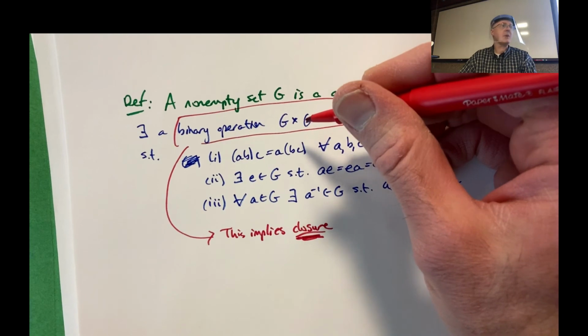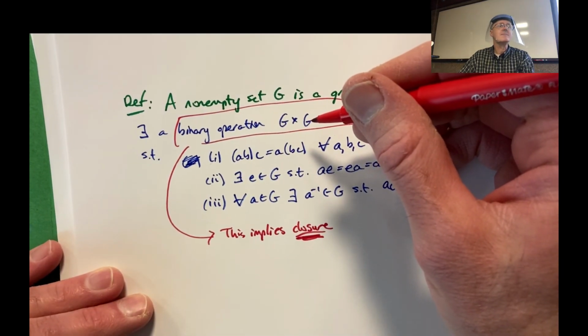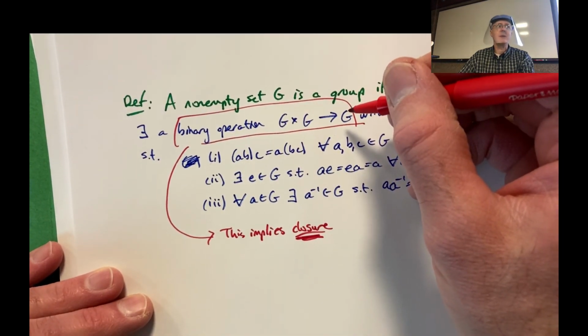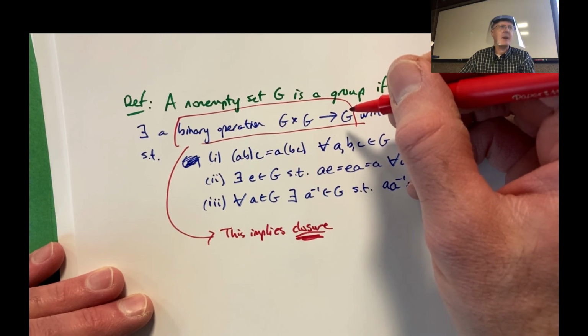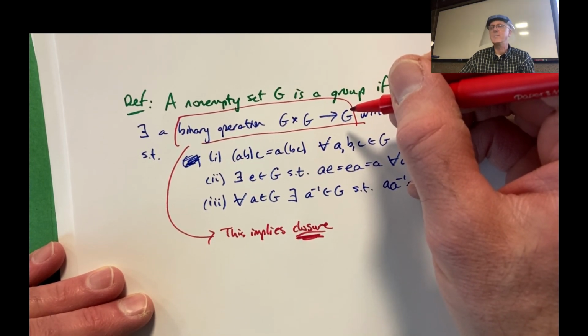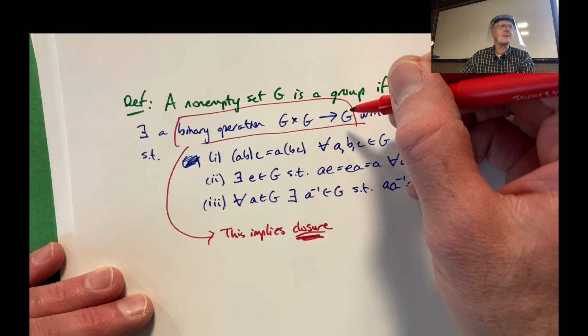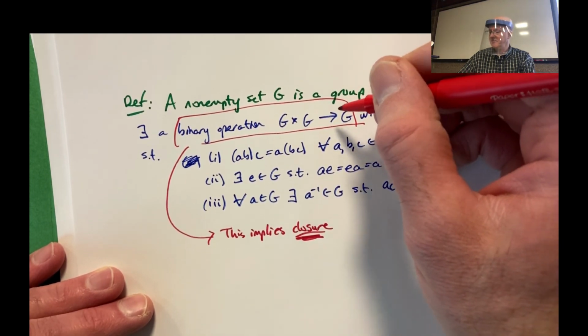Because binary operations are really functions, and we're saying the codomain of this function is the set G. If the codomain was something other than G, then it would not satisfy closure. In general, a binary operation is just a way of combining 2 things to get 1 thing. Binary: 2 things to get 1 thing.